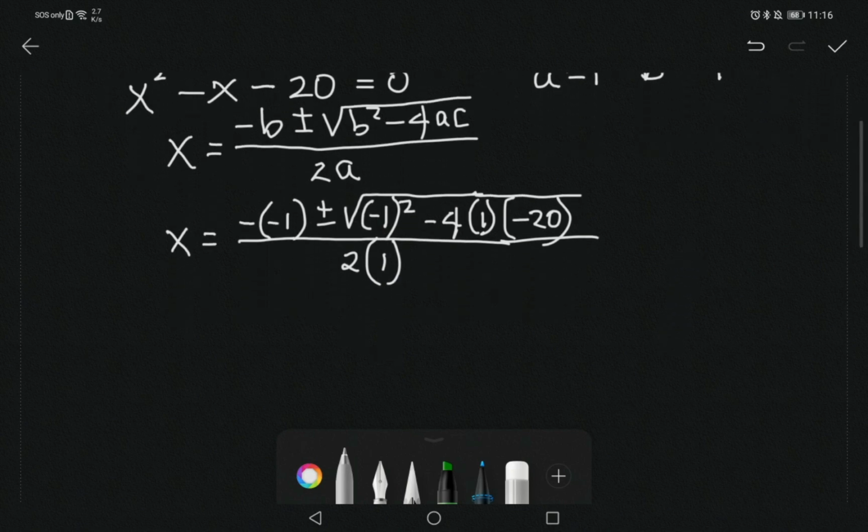Then we will simplify. X equals, negative times negative 1 is positive 1, then plus and minus square root of, negative 1 squared is positive 1, then negative 4 times 1 times negative 20 is positive 80.